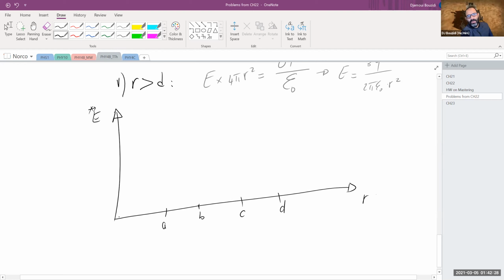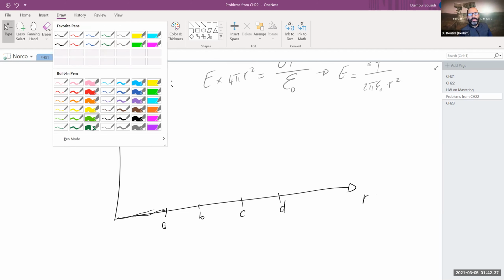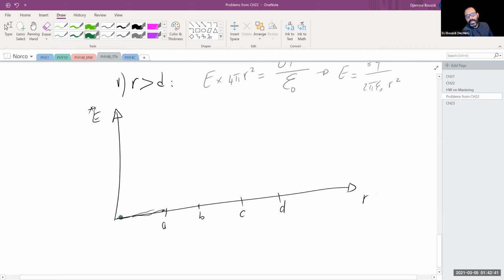So basically the electric field, if you notice, was 0 inside because there was no charge enclosed. Let me draw it with a different pen, probably with a thick pen also. That's for good measure. So the electric field is 0 inside up to B, because this is actually a conducting sphere.